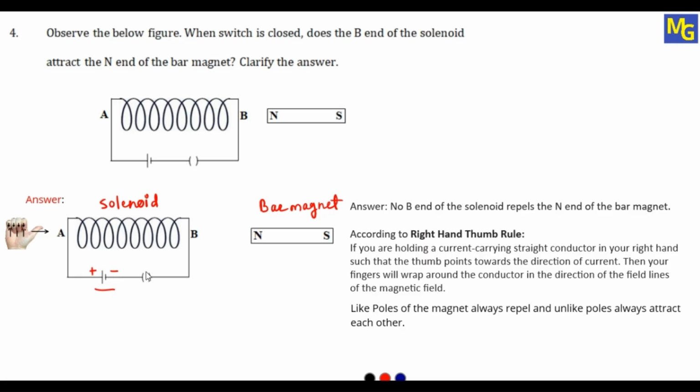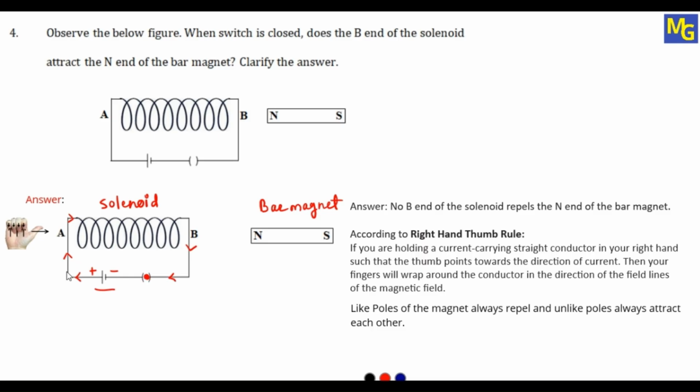Now the switch is open, but they have asked if it is closed. So now I will close it. See, now the switch is closed. If the switch is closed, the current can pass into the circuit. So when the battery is on, current will pass in this direction. This is the direction of the current.